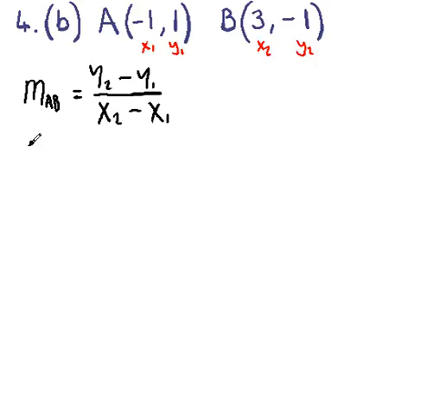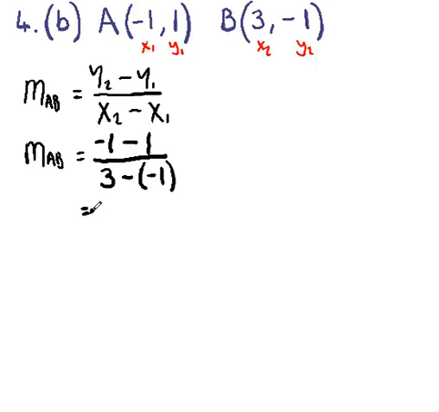So substituting those values in, we get the gradient of line AB is y2, which is minus 1, take away y1, and y1 is just 1, divided by x2 minus x1, so that's 3, take away, and we're taking away minus 1.